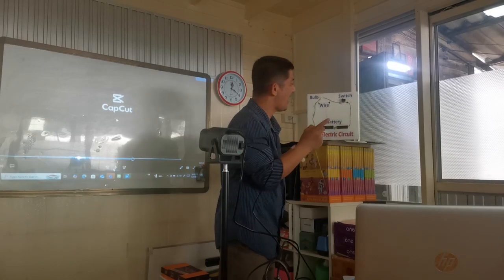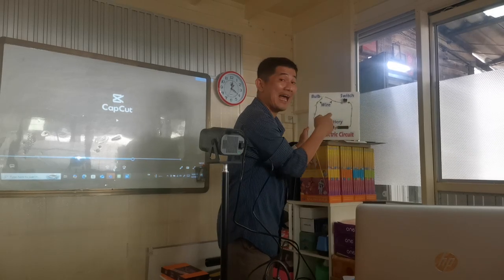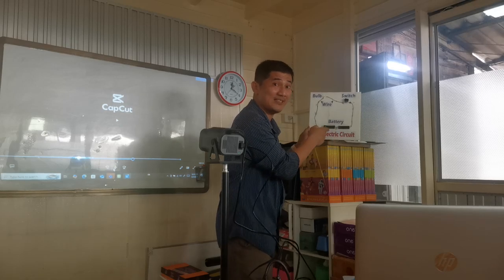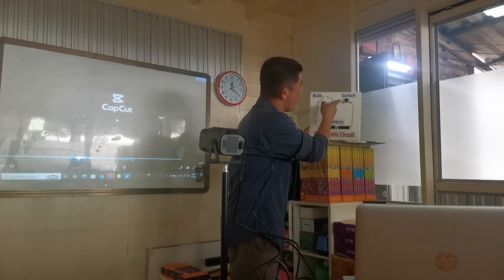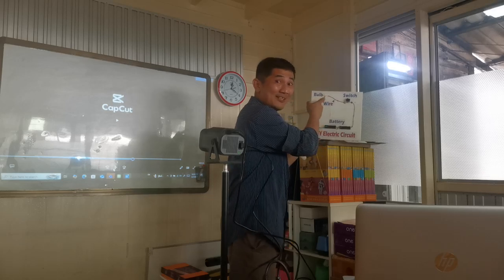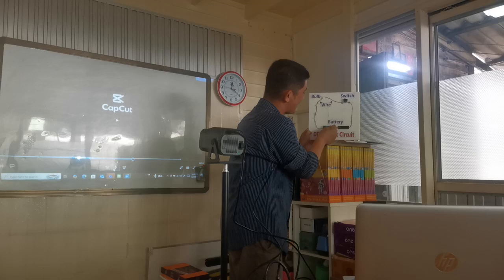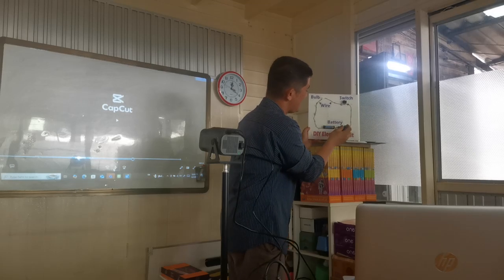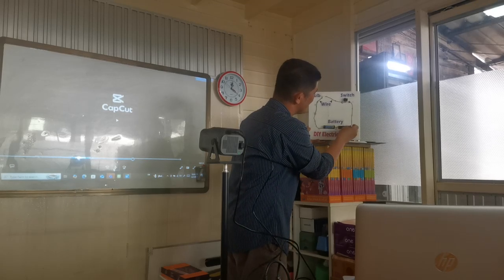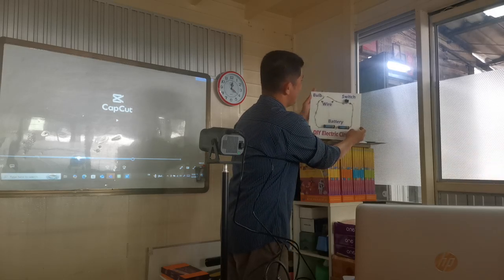We will see how the electrons, how the current or the source of energy flows to the bulb and produces light. I have to put the batteries or dry cells here in the holder.